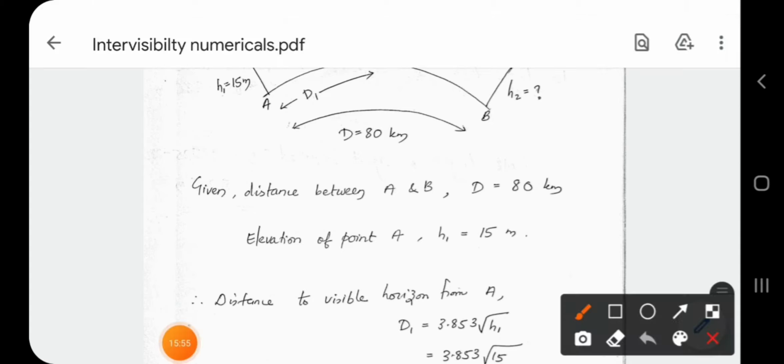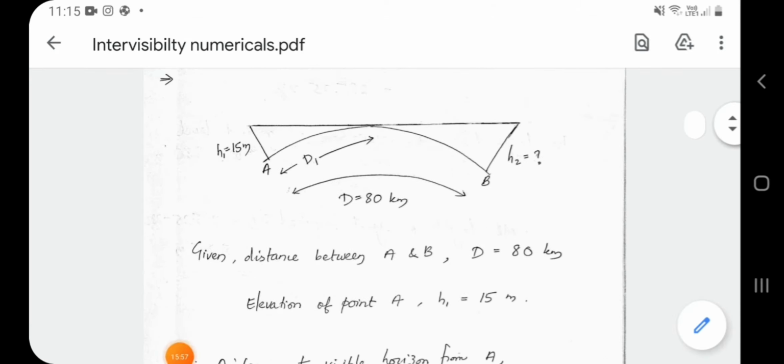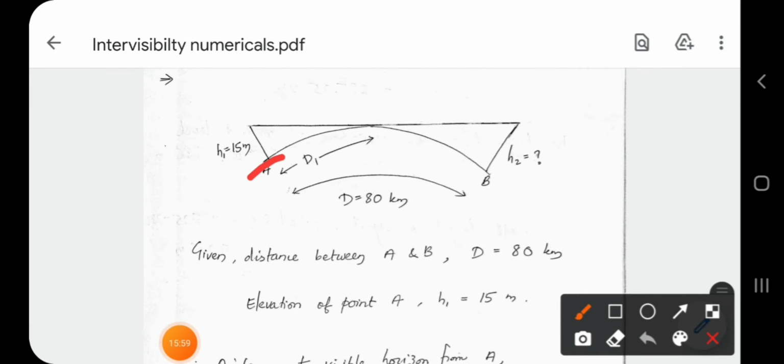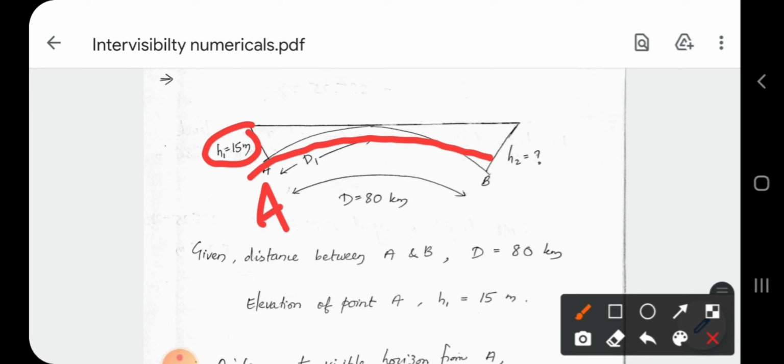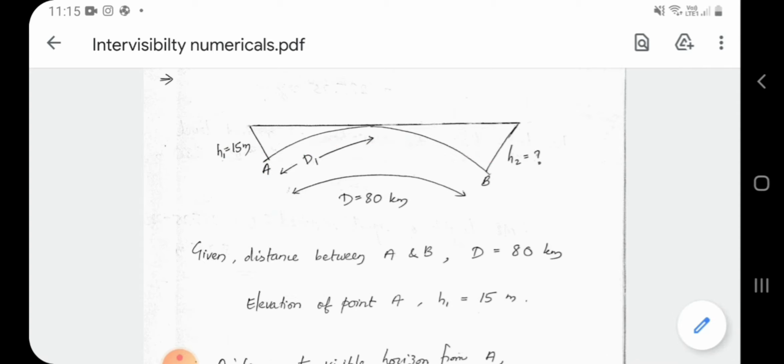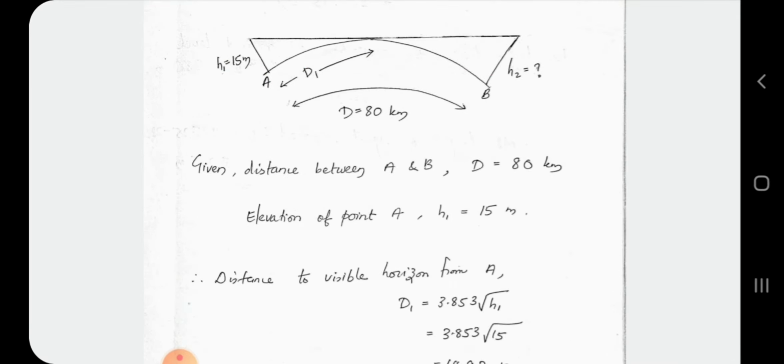So we can draw the figure like this. This is the curvature of Earth, and the first point, station A, h1 is 15 meters. Distance between A and B is 80 kilometers.